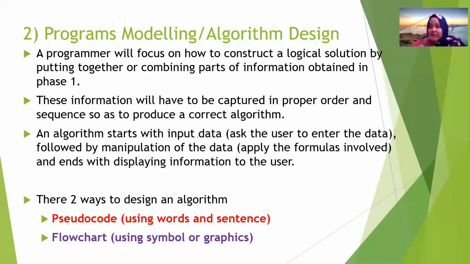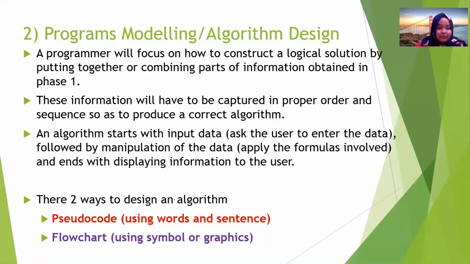You should start from the input, which is data, then process, and output. This is followed by manipulation of data, applying the formula, which we call the process, and ends with displaying information to the user. This is what an algorithm looks like.